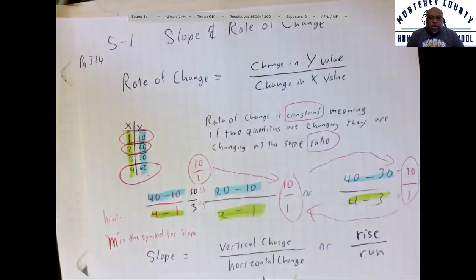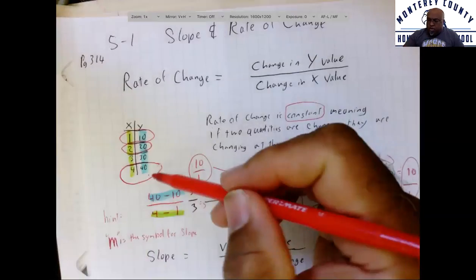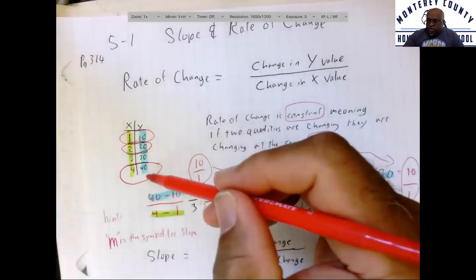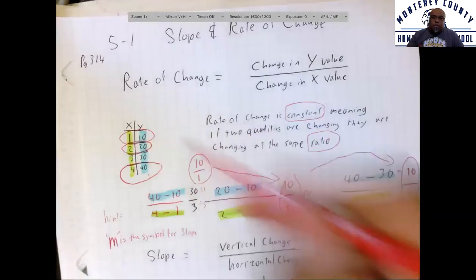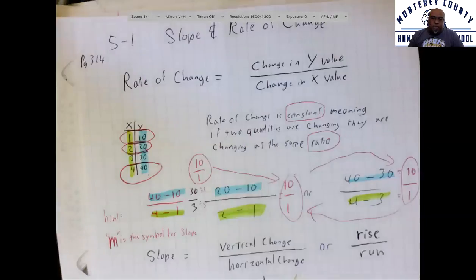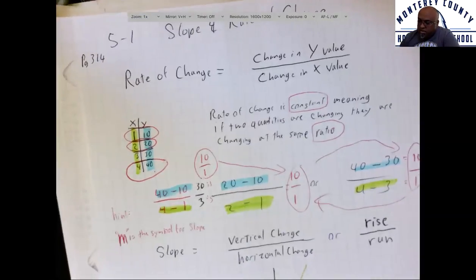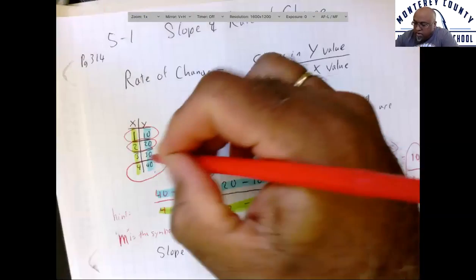So with rate of change, you can go from any x and y pair minus any other x and y pair in the set. If you do it that way, then you will always find the proper rate of change. Well, what if you did it backwards? You're like, well, you said you could use any, Mr. Bauer. All right, let's do it backwards.